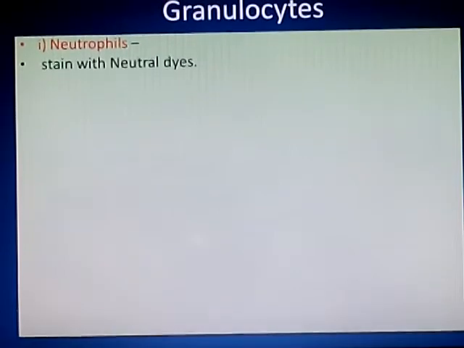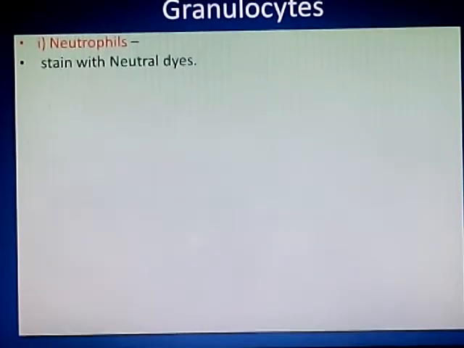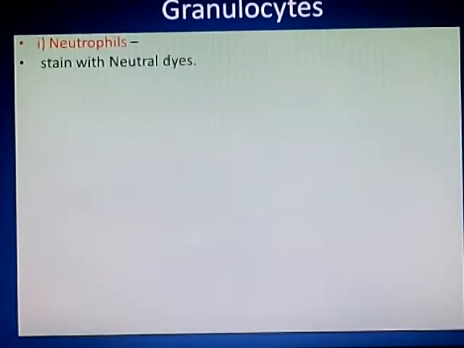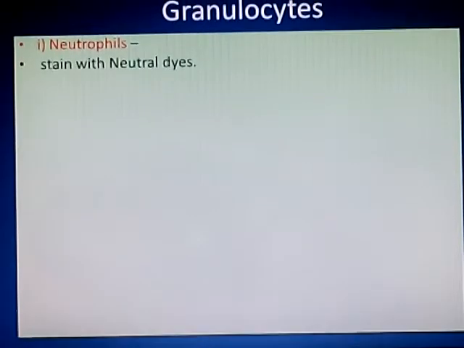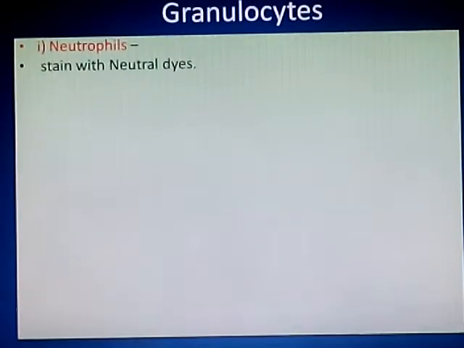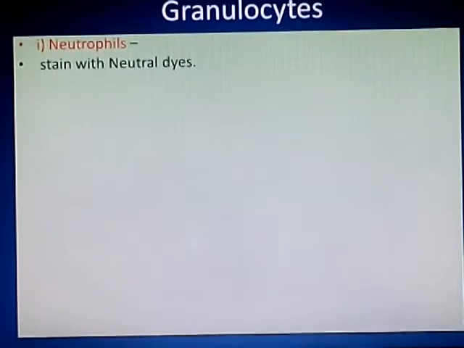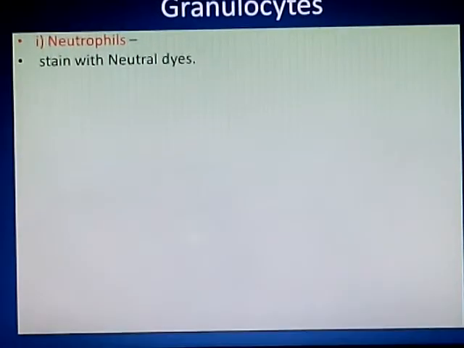Second one, acidophiles, can be stained with the help of acidic dye. And third, basophile, can be stained with the help of basic dye. These three types of granulocytes we are going to discuss with four different points.